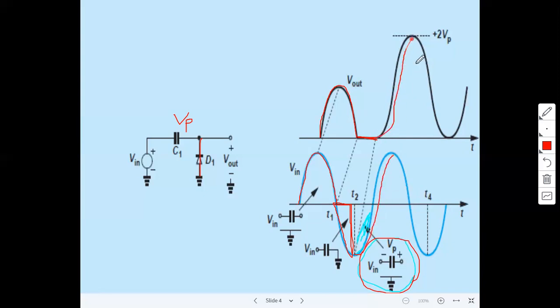Now onwards, the output simply follows the input. But the DC level has already been changed. Now the signal starts from 0, so the maximum peak voltage is 2 Vp or 2 Vm.